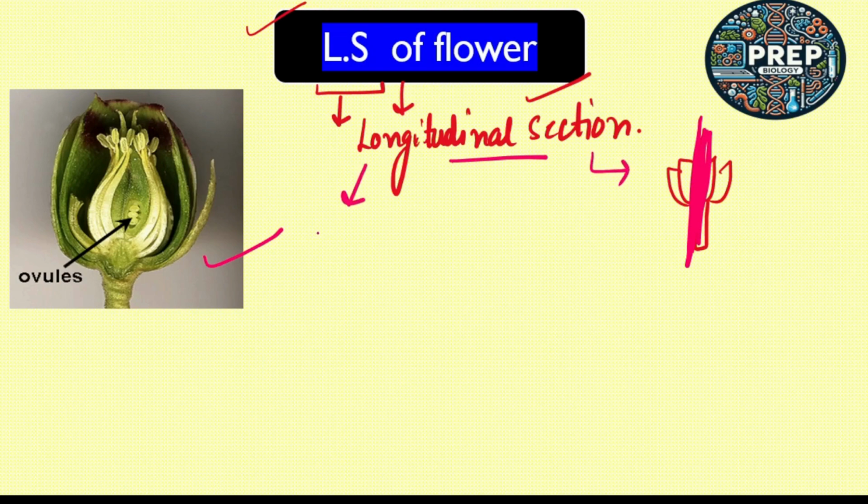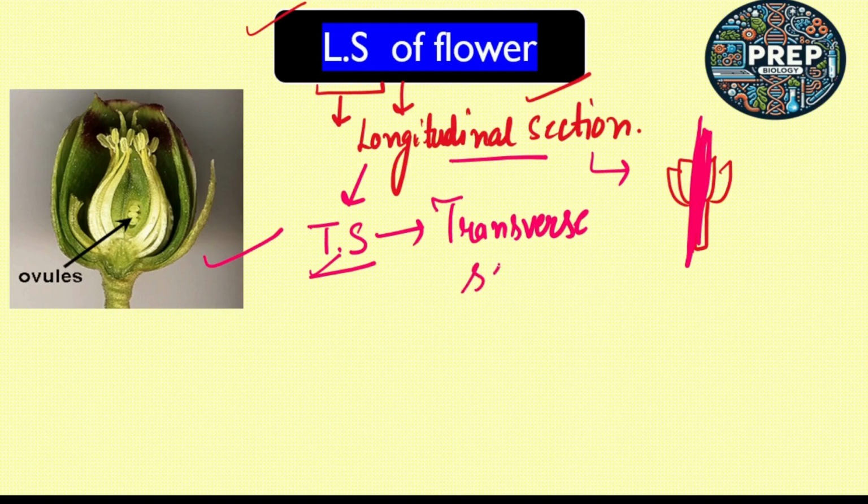We have another section, that is the TS of flower. What is the meaning of TS? TS is the transverse section. Is it clear? Transverse section means when we cut any flower horizontally, that is across the length, that section is called the transverse section.